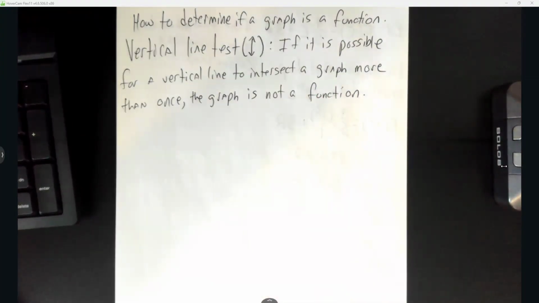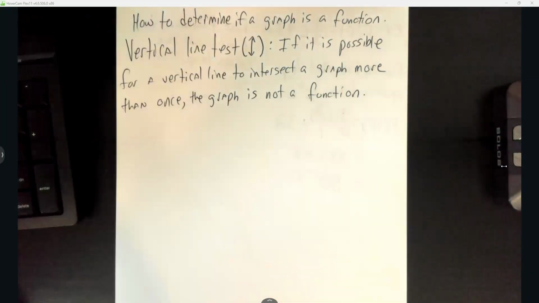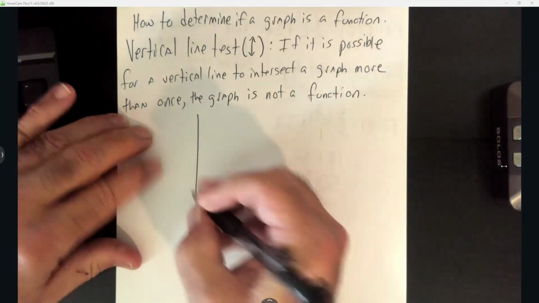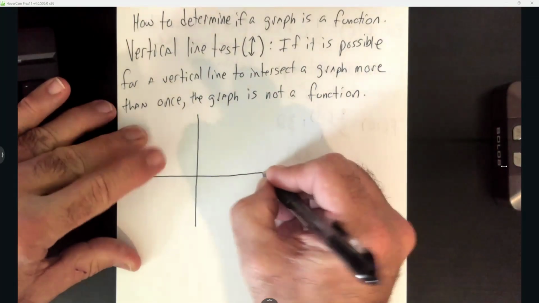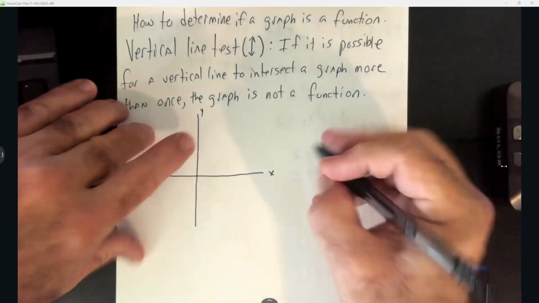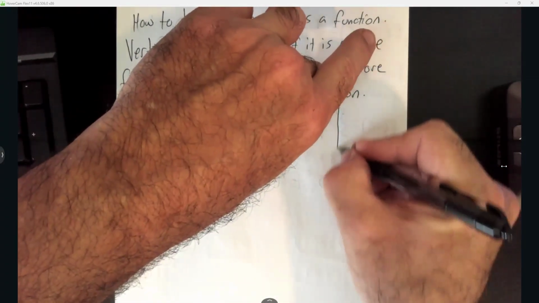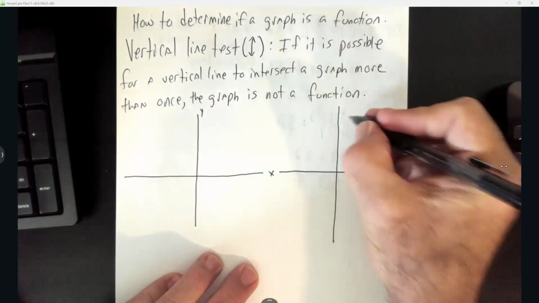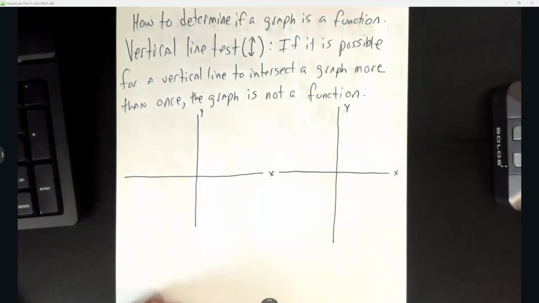So vertical line, I'm just going to run my pencil straight across. If it intersects it more than once, it's not a function. So let me do two real quick, and then we'll look at the MathLab, okay? So let me do that one. And then I'll do one right here.